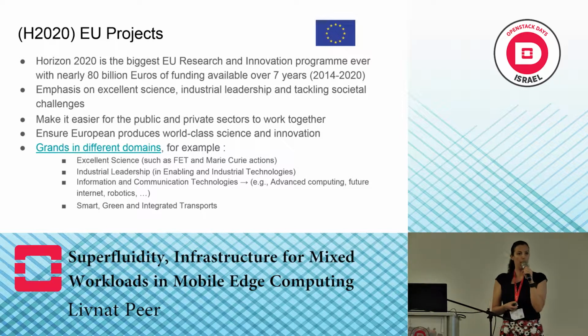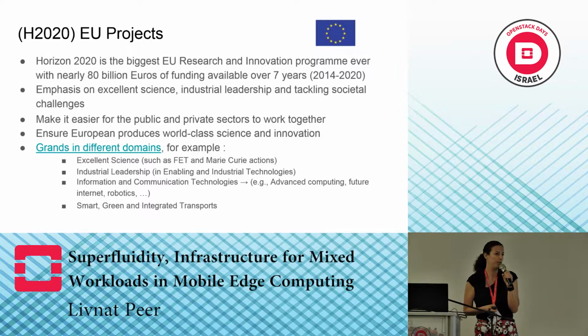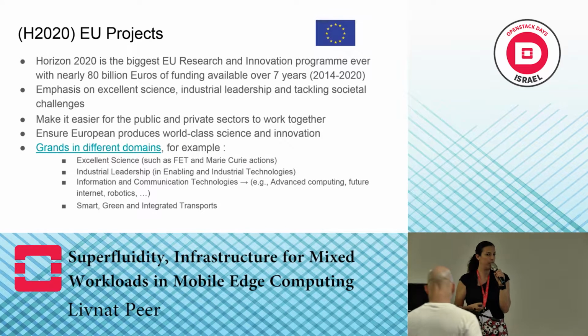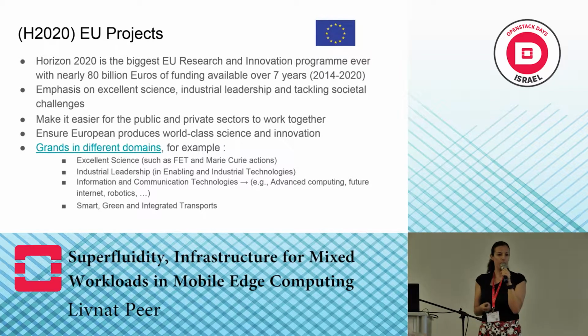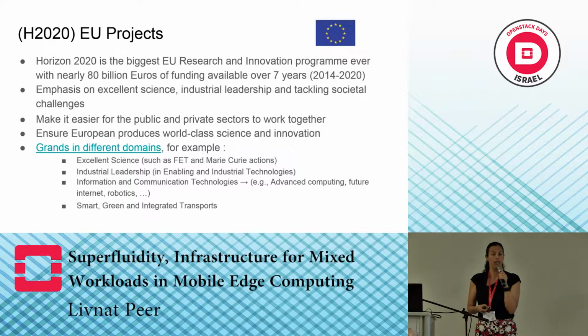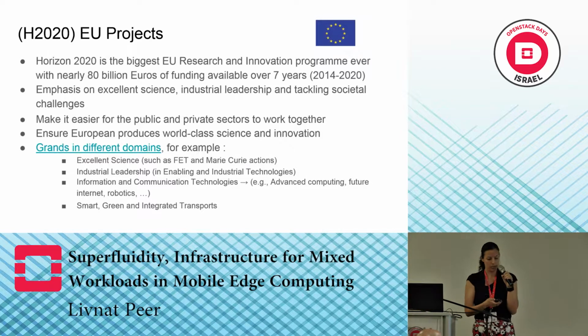So the money for Horizon 2020 is spent across multiple domains. We're going to talk about NFV today, but it covers also Internet of Things, green energy, autonomous cars, so plenty of topics that can be submitted as a project.